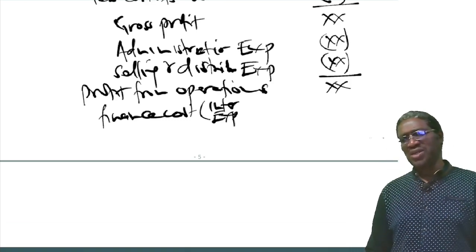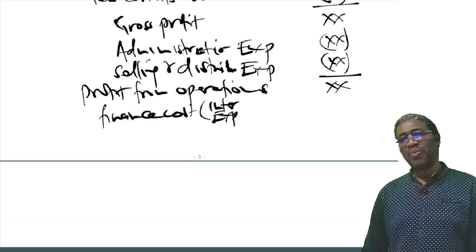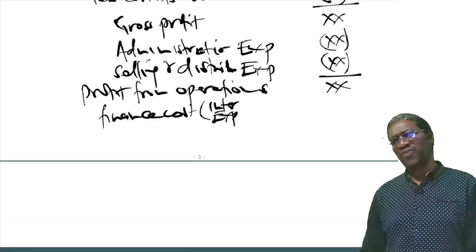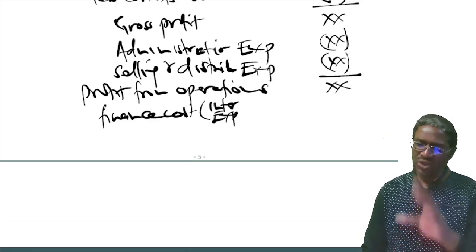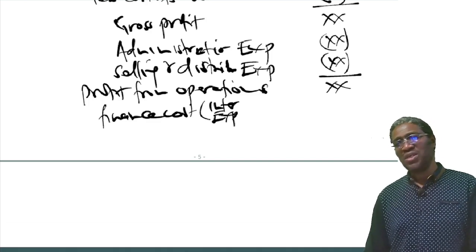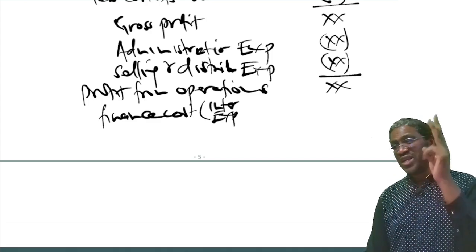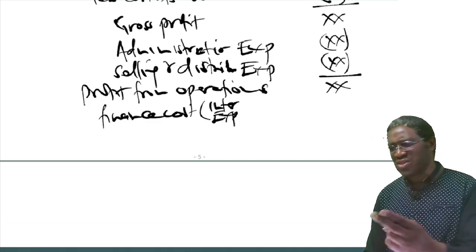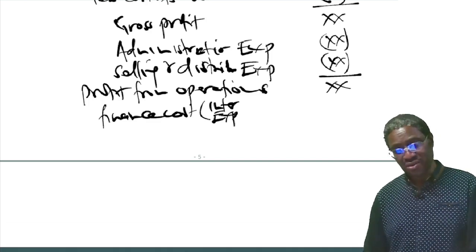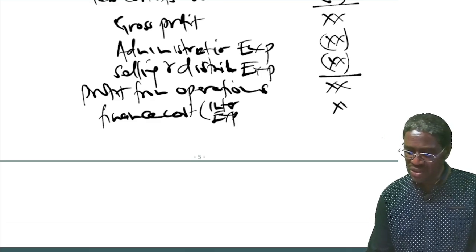When your company has issued some debentures, you pay interest on those debentures. Those are examples of finance cost. I'm not saying it's the only one, but the major example of finance cost is the interest expense, whether it's interest on loan or interest on debenture, whatever interest you are paying. Whatever it is, you minus.